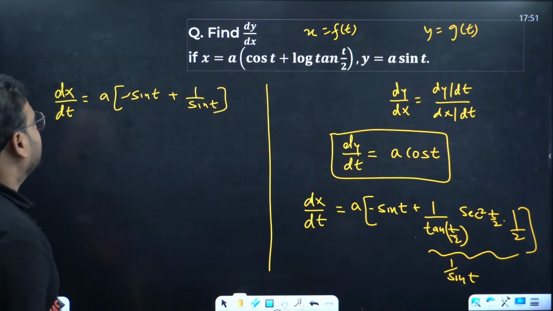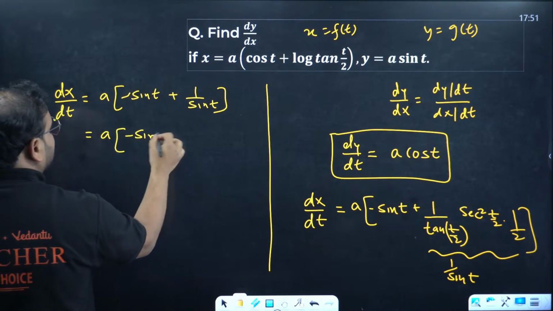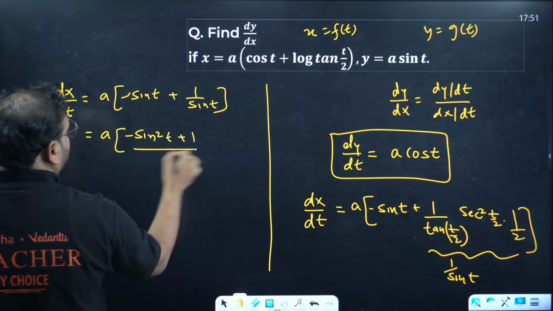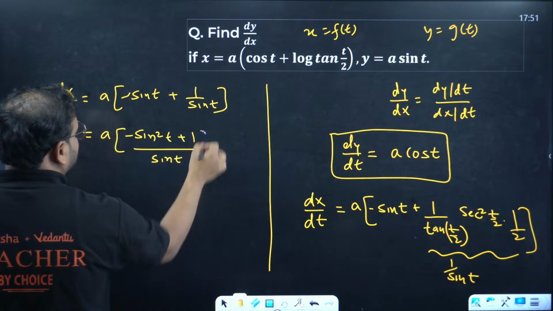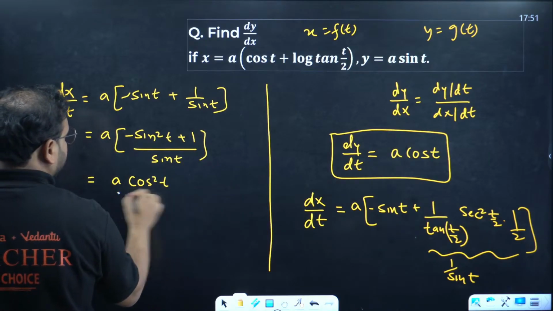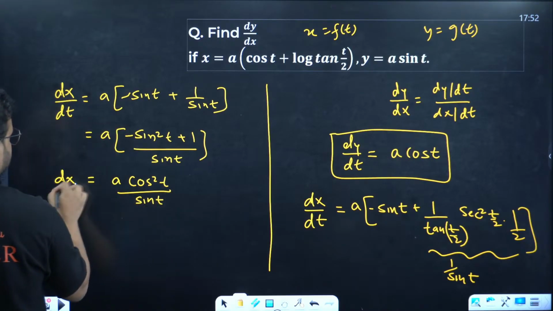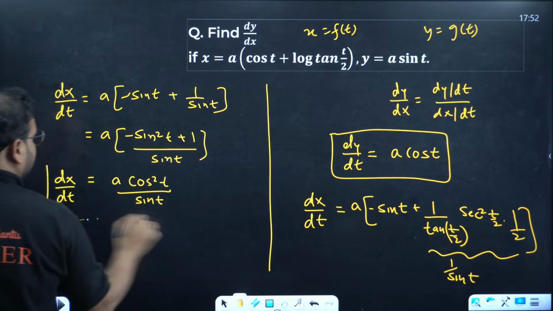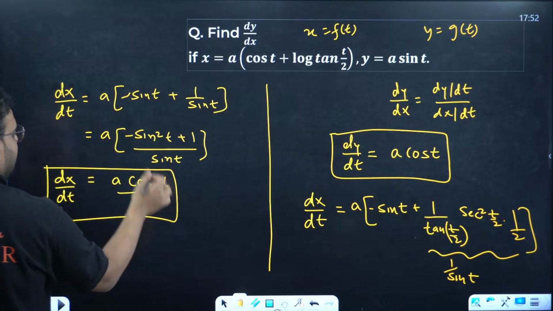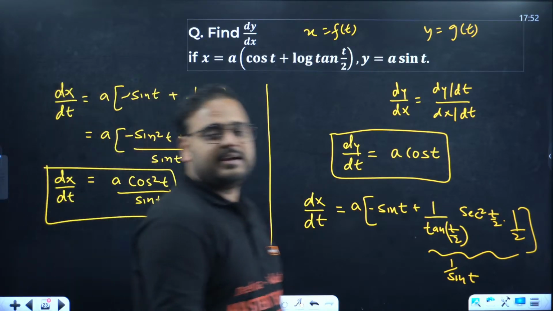Okay, take LCM: minus sine square t plus 1 upon sine t. Continue. A cos square t upon sine t, that's dx by dt. A cos square t upon sine t is the dx by dt value.